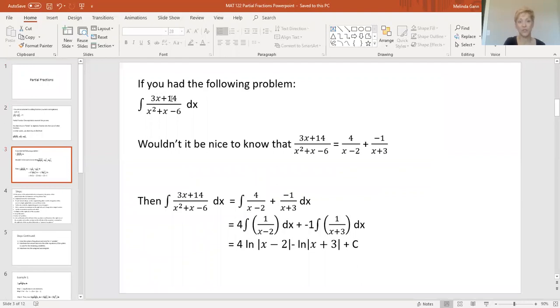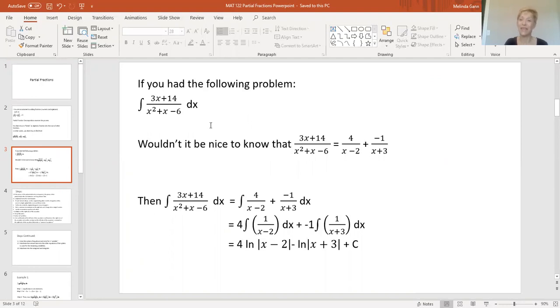By multiplying that numerator by something, I can't get 2x plus 1, so natural log really isn't going to work. What I could do is break it up and put 3x over that denominator and then 14 over that denominator, but that's not going to be very good either.